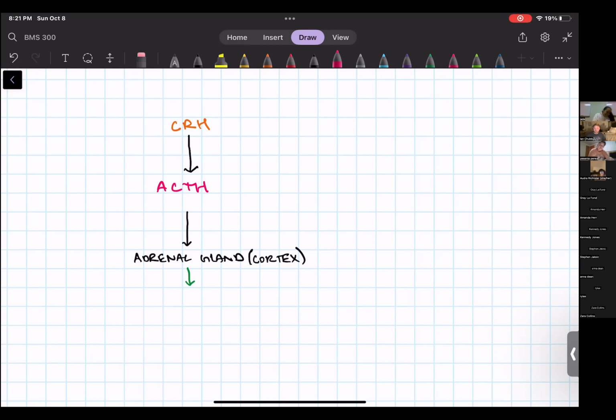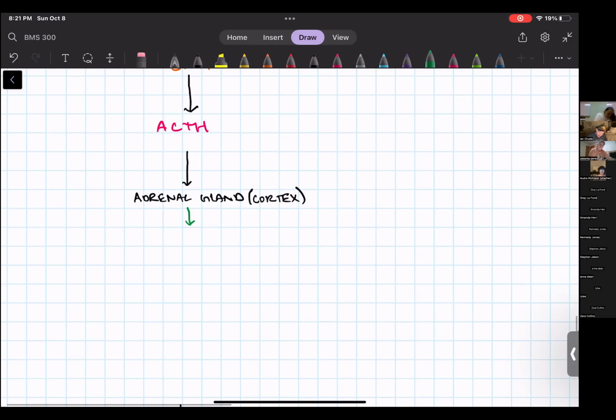That goes to the adrenal gland, acting directly on it. And here we're going to end up with our cortisol, or our stress hormones, which we could also broadly call our glucocorticoids.